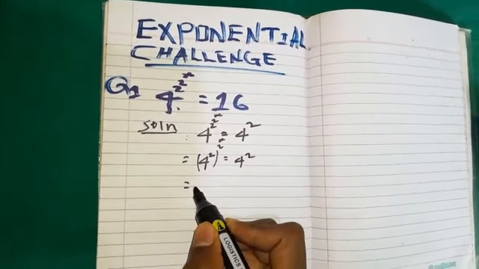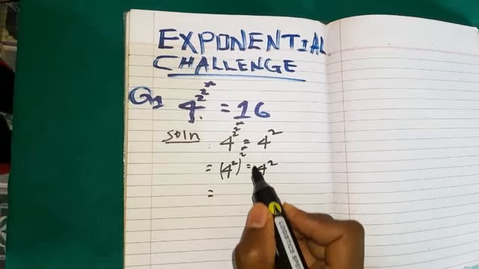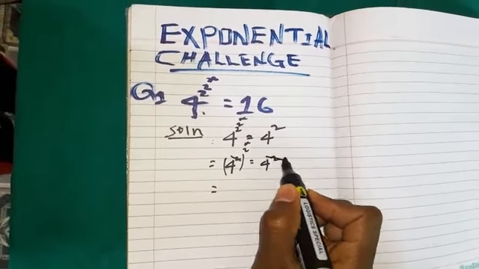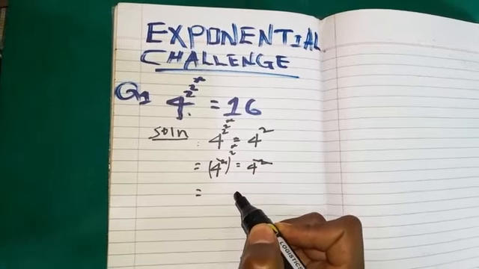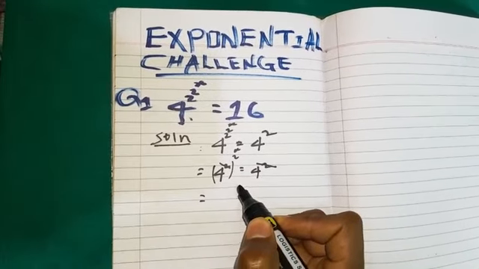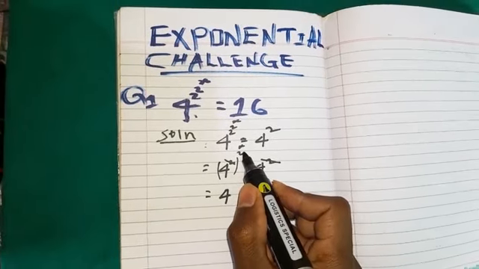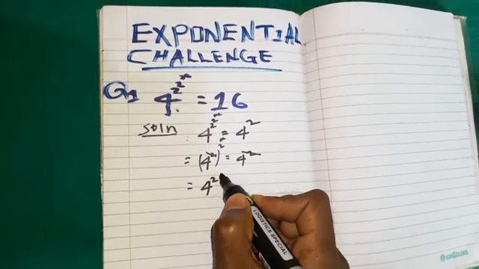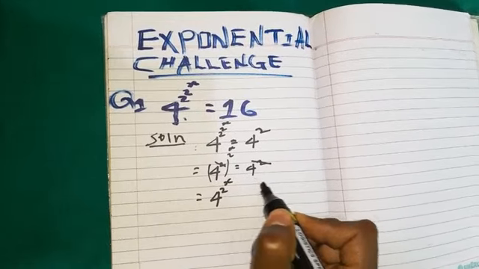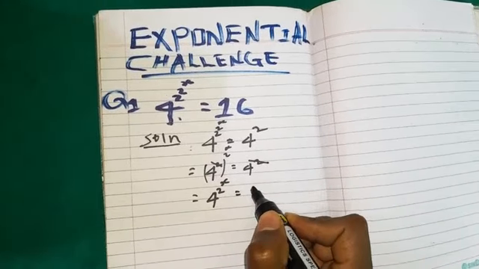These two cancel, because they are the same base, they cancel each other. Then what is left is 2 to the power of x is equal to 4 on this side.